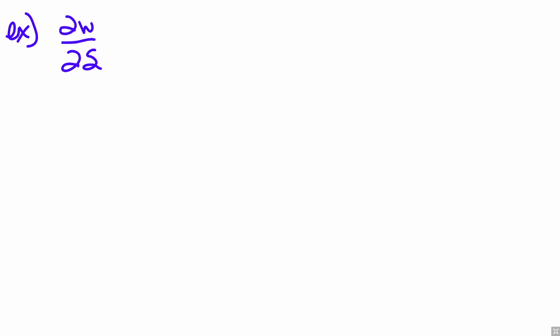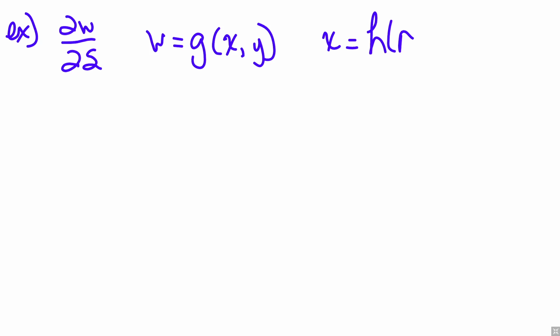We're told that w is equal to g of x y. We're told that x is equal to h of r s t, and y is equal to k of r s and t.